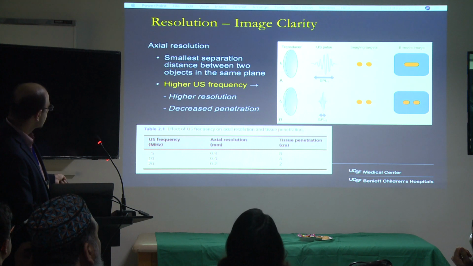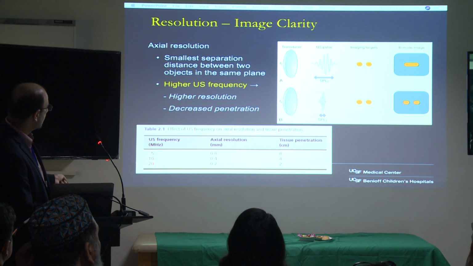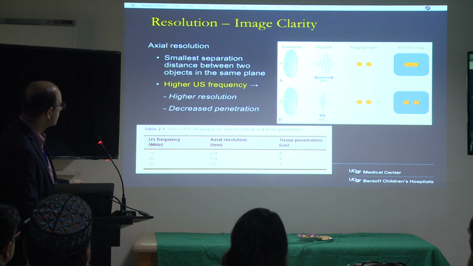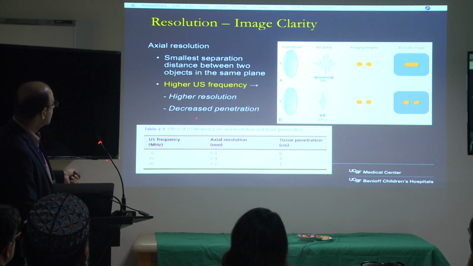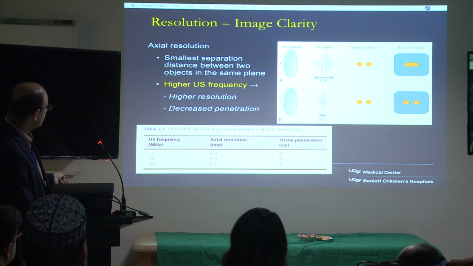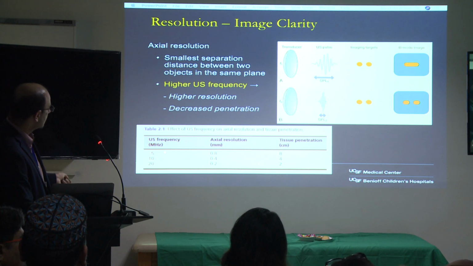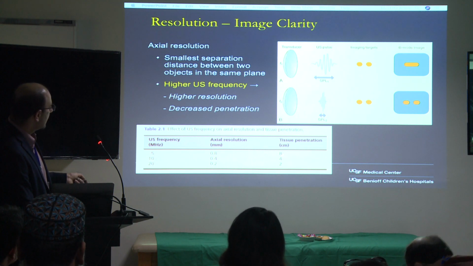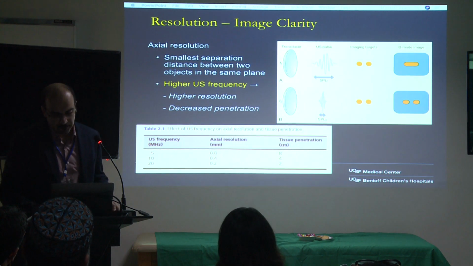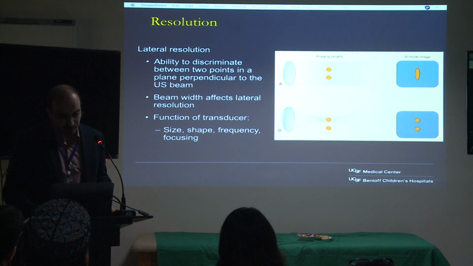The 20 megahertz is really just in the mini probe, which gives you very high resolution at very short distances, up to 2 centimeters. But the linear endoscopic ultrasound that we typically use, depending on the scope, will be 7.5 to 10 megahertz. It used to be in the 5 range, but now it's 7. And you get good penetration to about 4 or 5 centimeters quite easily with the current technology.